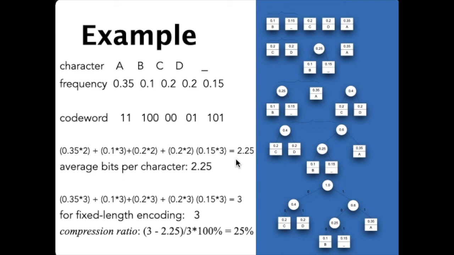So if we will use a fixed length representation for this, we need at least 3 bits for the symbols. So if we use 3 bits, ano ba yung natipid natin? So we can get a score which is called the compression ratio.